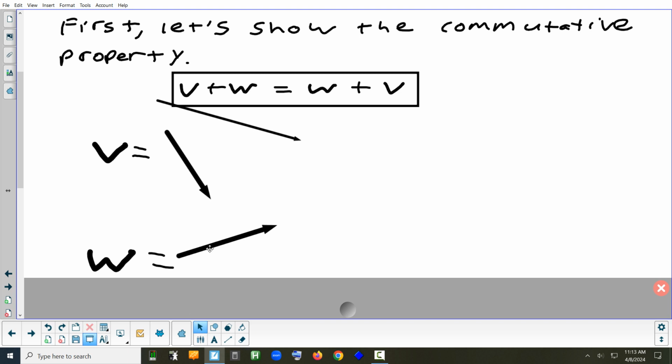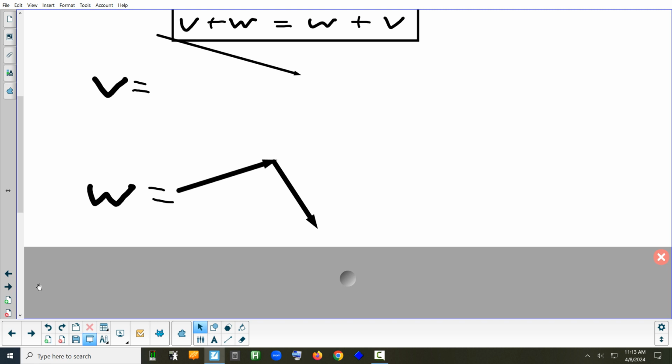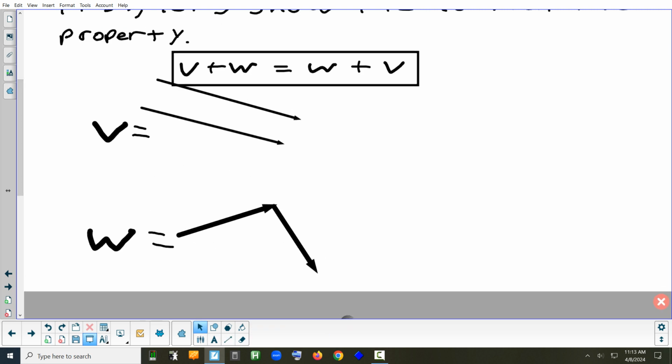I'm going to start with W, and I'm going to put V on the end of it. So I'm adding the two vectors in a different order. Let me draw the answer, and let me compare that to what we just did. A little off, but you can see it's the same. So when you switch the order you add vectors in, you will get the same answer.